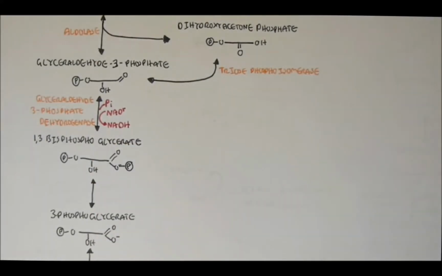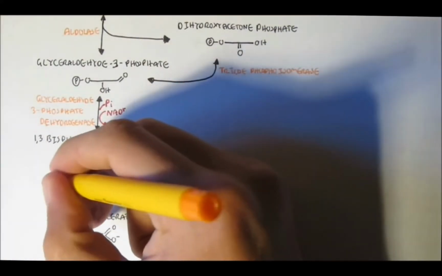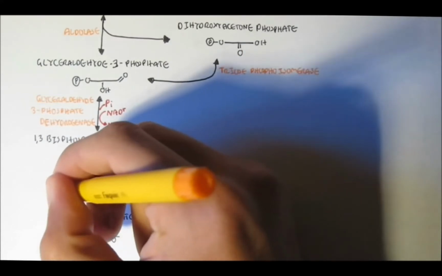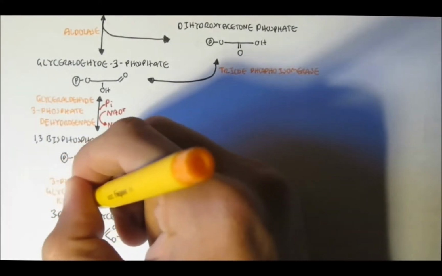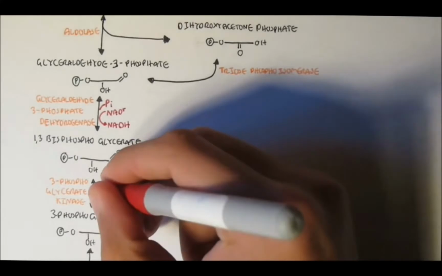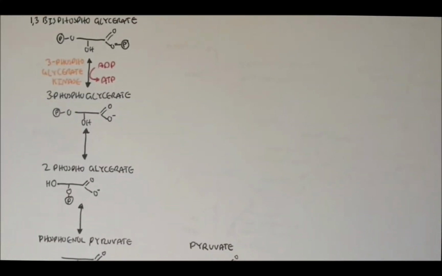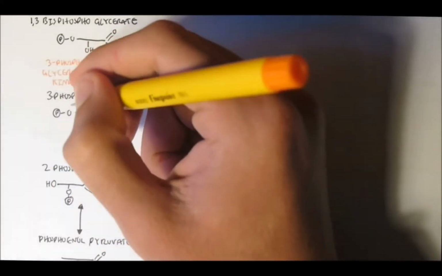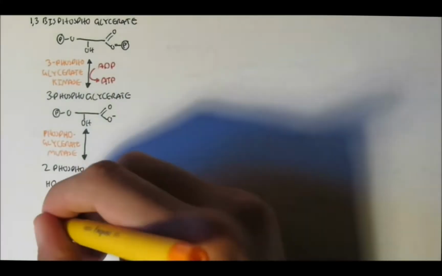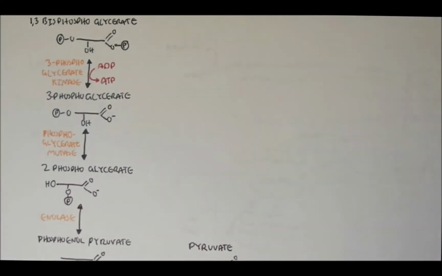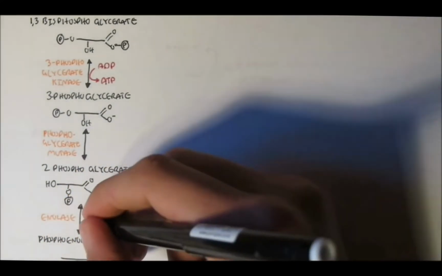And also in this reaction, hydrogen was removed by NAD to form NADH. 1,3-bisphosphoglycerate with the enzyme 3-phosphoglycerate kinase will dephosphorylate the phosphate from the first carbon by transferring it to ADP, making 3-phosphoglycerate. 3-phosphoglycerate then, with the enzyme phosphoglycerate mutase, will form 2-phosphoglycerate. The phosphate is only in a different location now. It is off the second carbon.